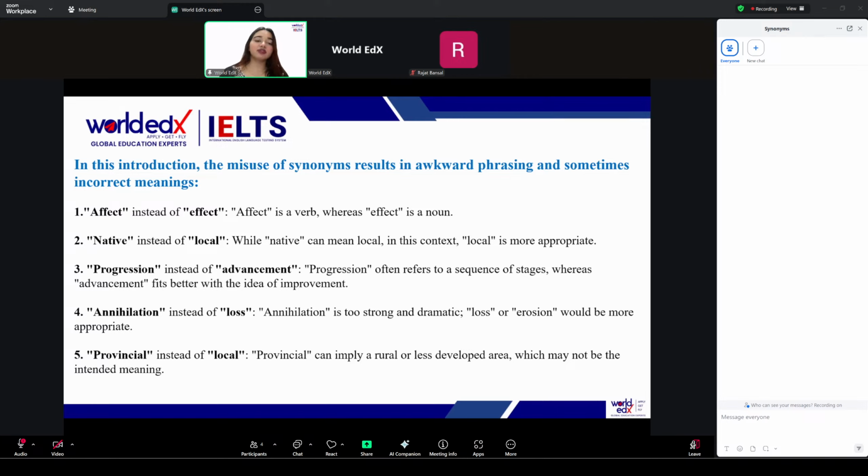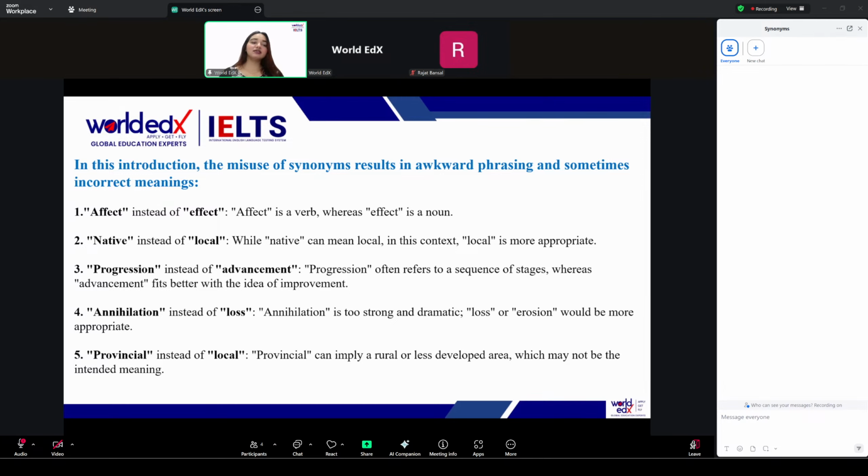So even if native and local are used synonymously, their context differs. So you not only need to have synonyms in mind, you also need to know the context. Do they sit perfectly well with this context or not? So there's another task: not only do you need to know synonyms, you also need to know when to use them.